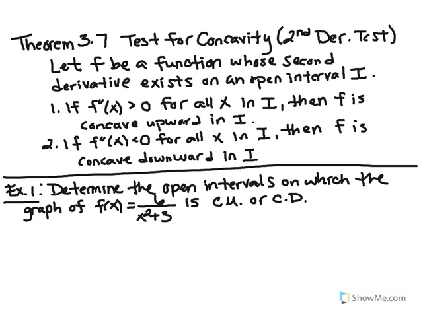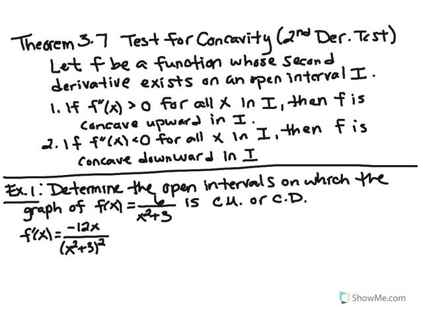So the first thing that we want to do is take the first derivative of this function, which we can use the quotient rule or the chain rule. It's your choice. But for f prime, I should get negative 12x over x squared plus 3 squared.